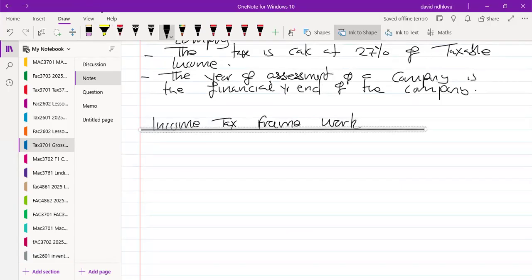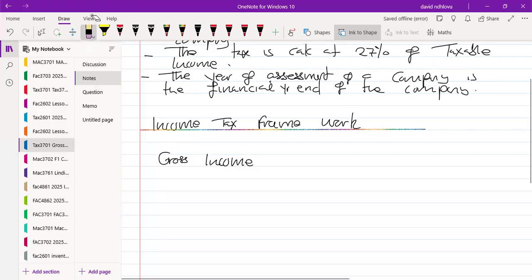So the first thing that we've got to deal with is this thing called gross income. So you need to know how to calculate gross income.